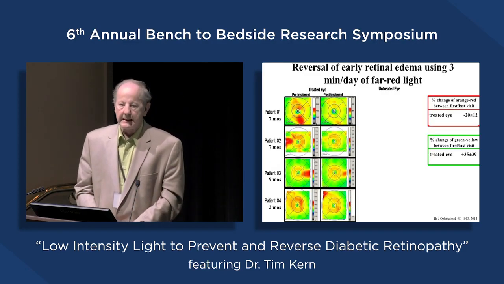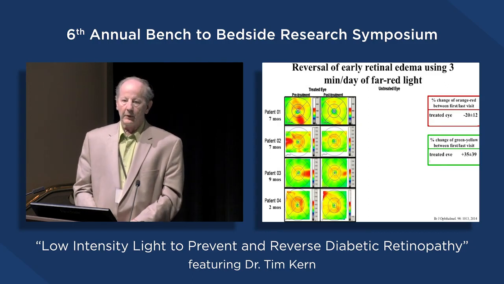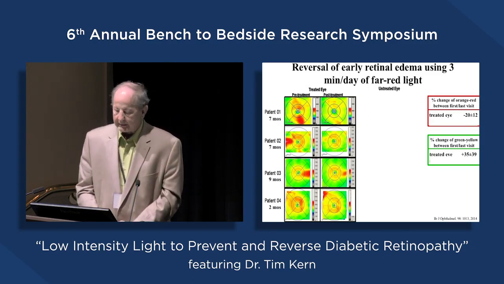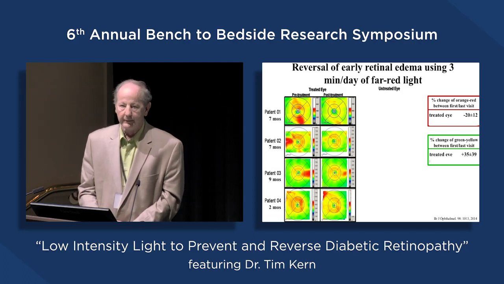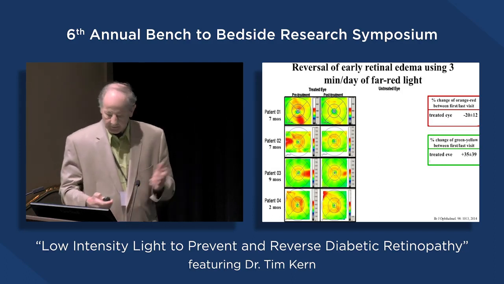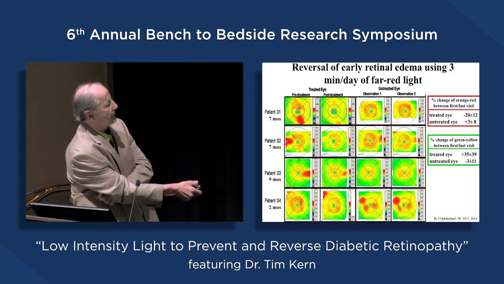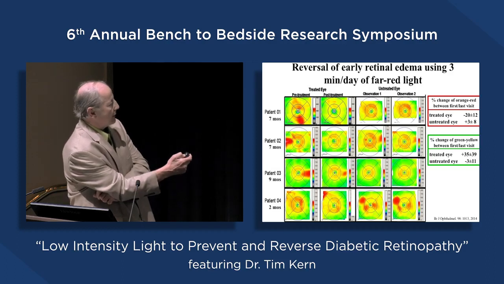This is the exact same eye after treatment for a number of months. Some of these patients, we couldn't get the device back from them, and they wouldn't come back in because they thought it was doing a lot of good. So the fellow eye, there was basically no beneficial effect seen whatsoever. So this seems to be a localized effect.